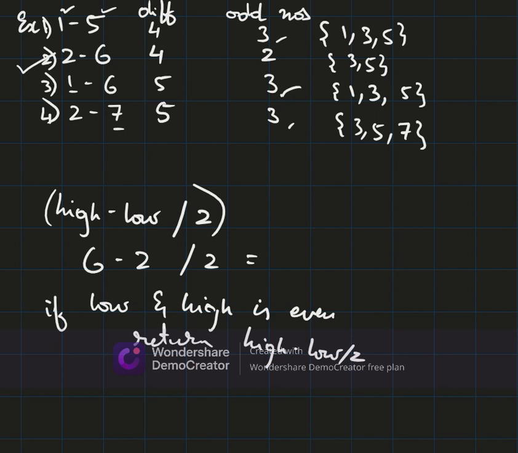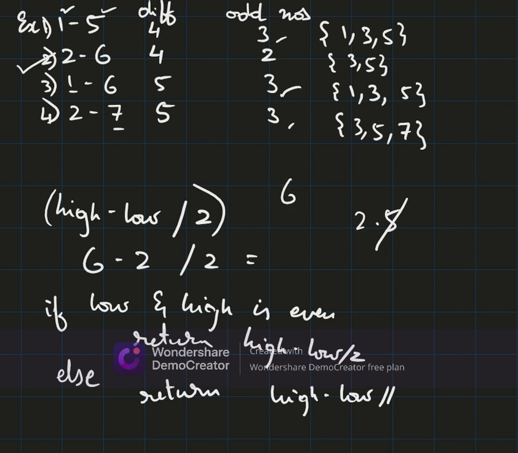And if at all there is one odd number, you can simply return high minus low, and you can do an integer division, since you are getting 2.5 and you can get rid of this 0.5. In the third example, 6 minus 1, you're getting 5, and when you divide by 2, you're getting 2.5.